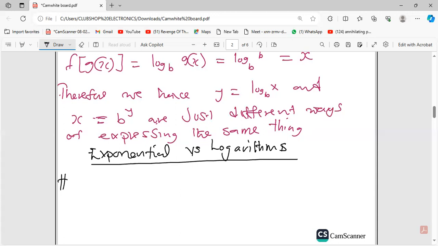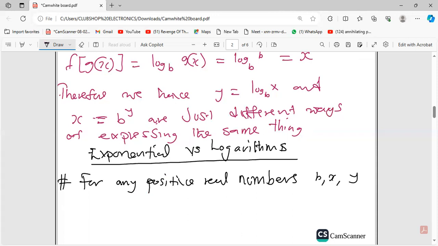Now, for any positive real numbers, let them be x, y, with the base not equal to one.